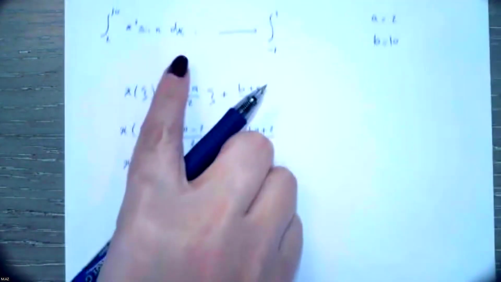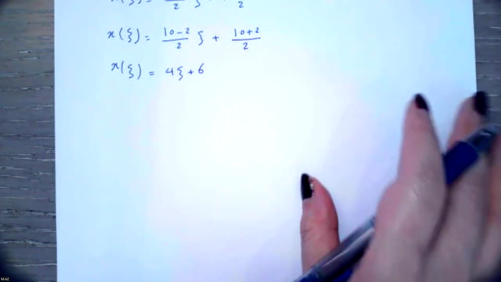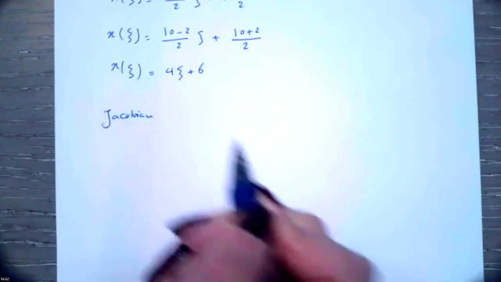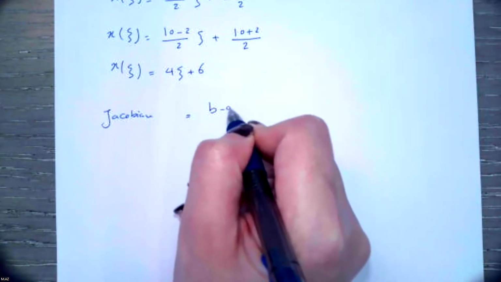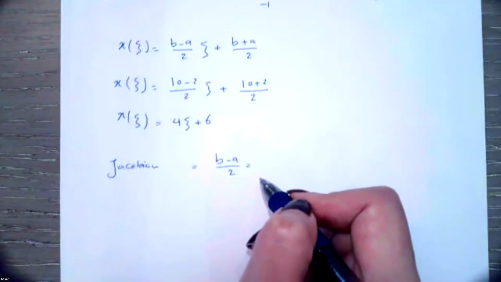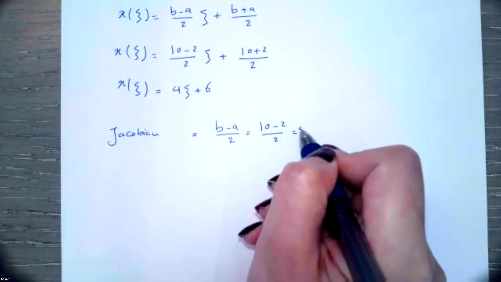Also, for transferring dx to dxi, we use the Jacobian. And what is the equation of the Jacobian? It is b minus a over 2. For this example, we have 10 minus 2 over 2, which equals 4.